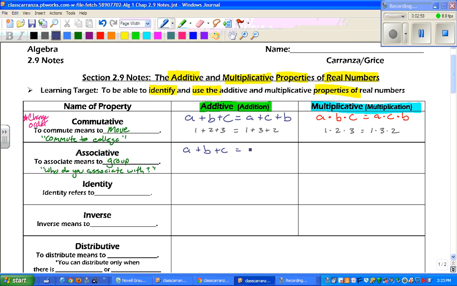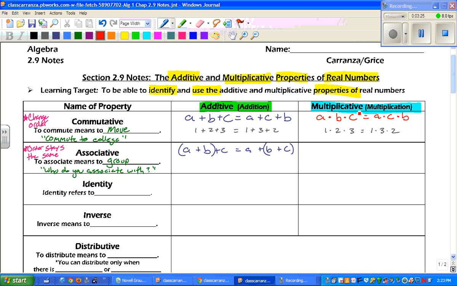What symbol in math helps you group things? It's the parentheses. No matter where you put those parentheses, you're still going to get the same answer. With these, the order stays the same.